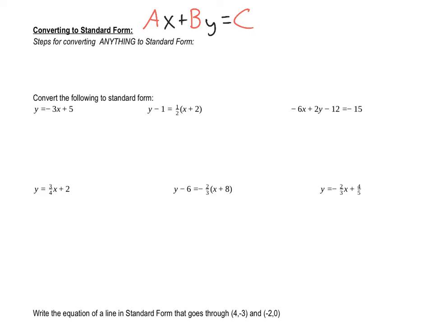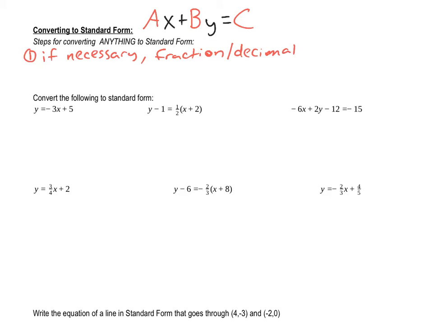Remember, those are capital letters, so we might have to do some fraction busting to get to whole numbers. So if necessary, fraction bust, or if you have decimals, decimal bust.